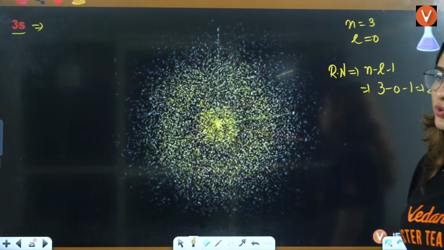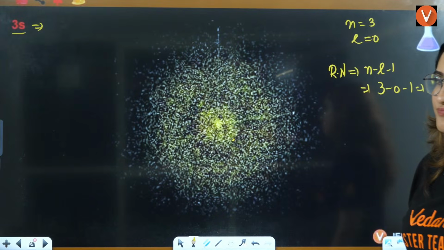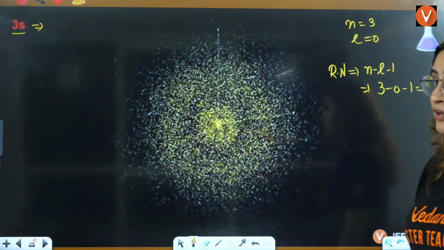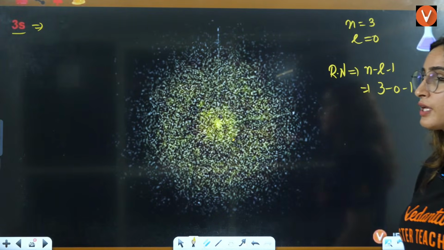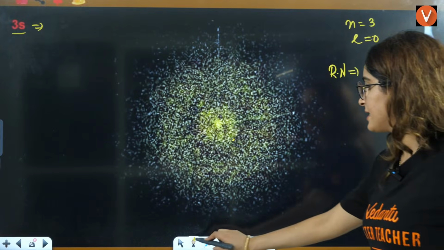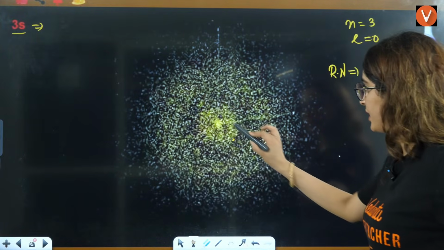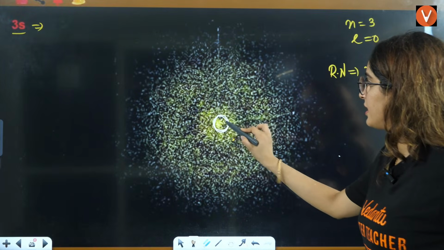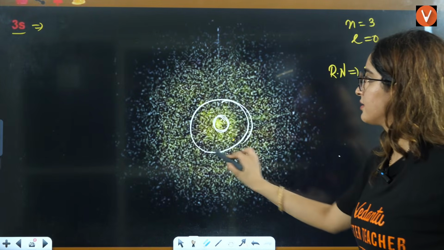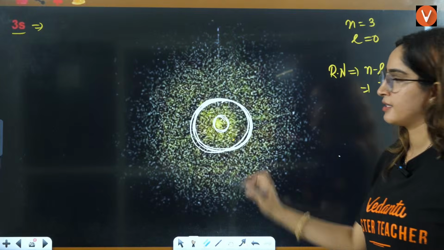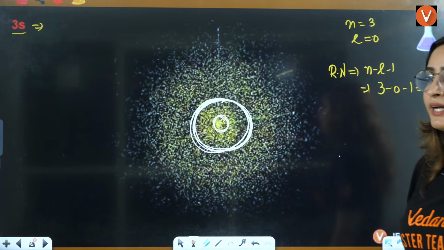Can you see 2 radial nodes here? Very carefully you have to observe that. It is over here, over here, then over here. These are the 2 radial nodes.